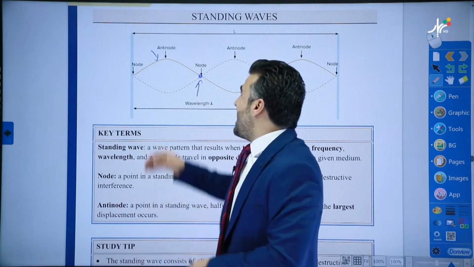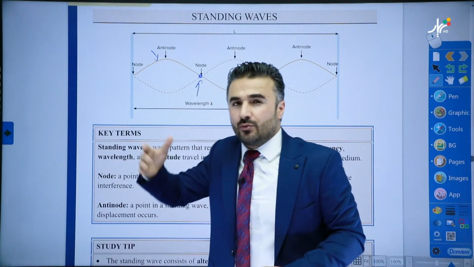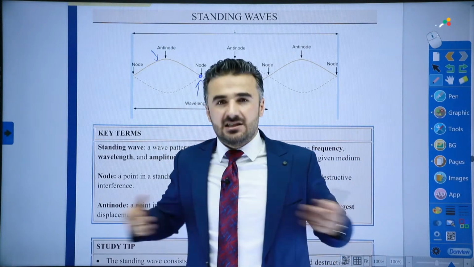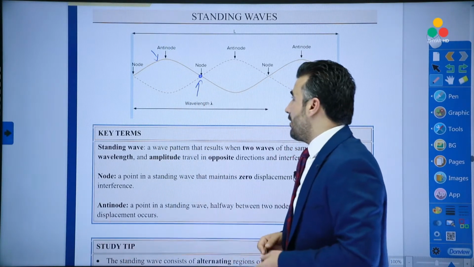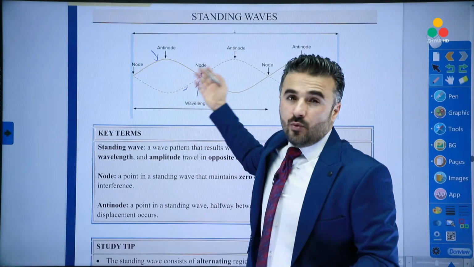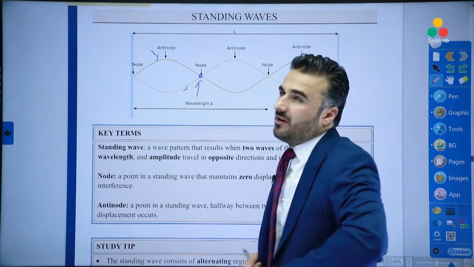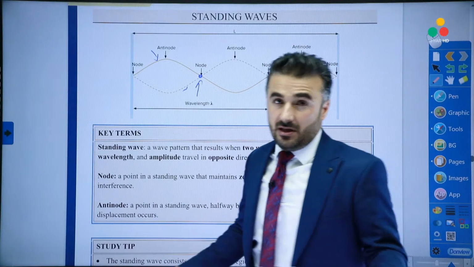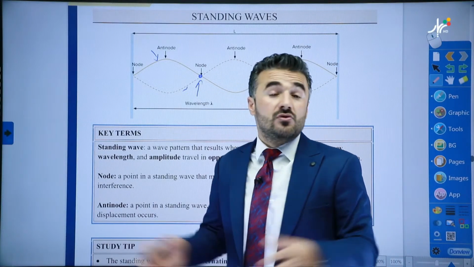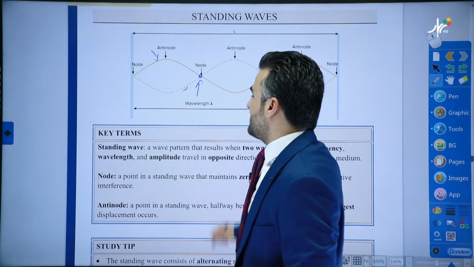Antinodes are the points where the particles vibrate with maximum displacement. This is what is called a standing wave. Another reason we call it a standing wave is that it looks stationary, as if it doesn't move at all.